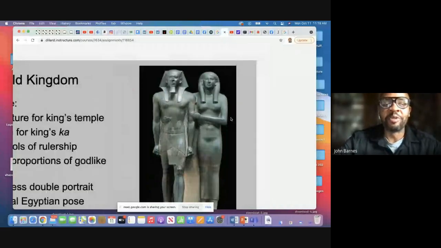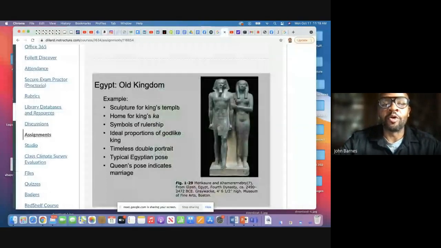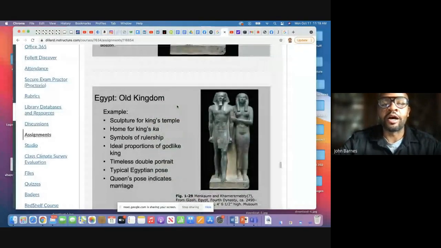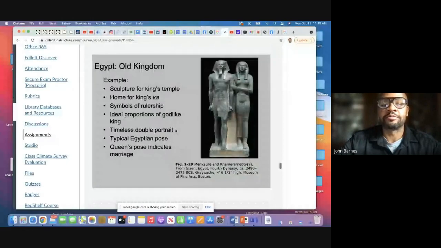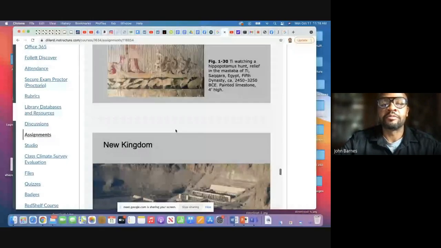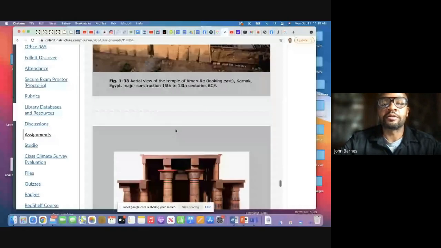Very different from how the Egyptians looked at things. The home of the king's Ka, the Ka represents the soul. So the temple is the home for the king's Ka. Okay, any questions?